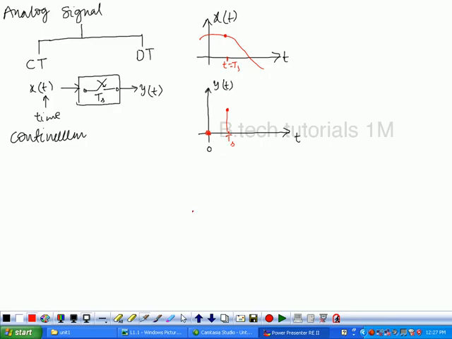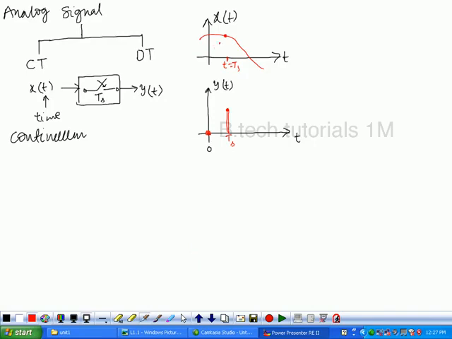Understood. Immediately you close it, that is within a fraction of a second. We closed it and immediately open it. Then what do you get? You get a pulse like this, a very short duration pulse, whose amplitude is equivalent to the input at that time.